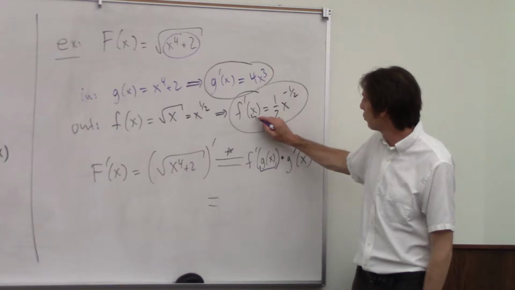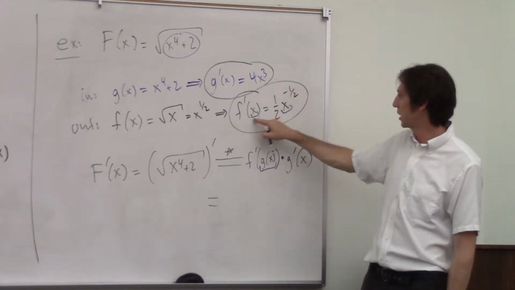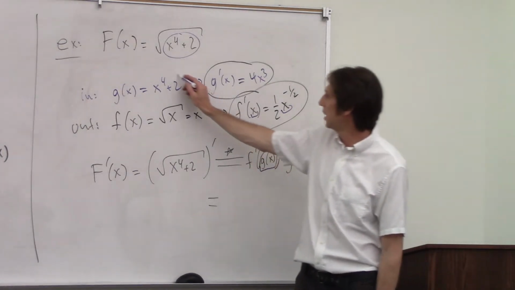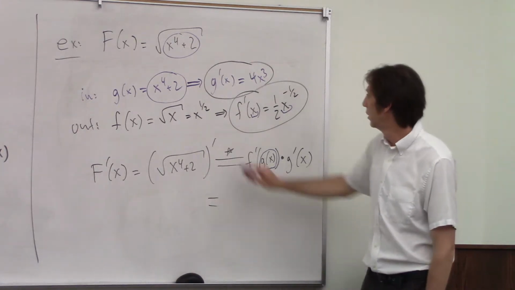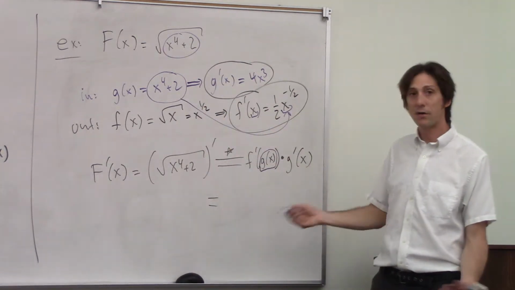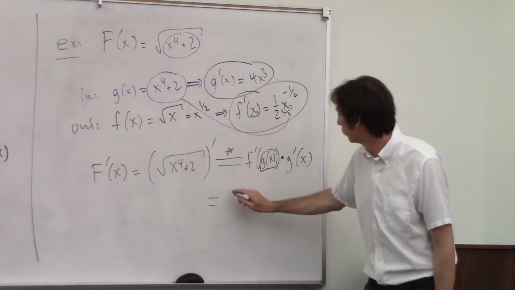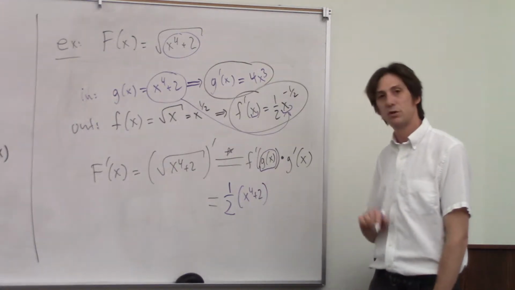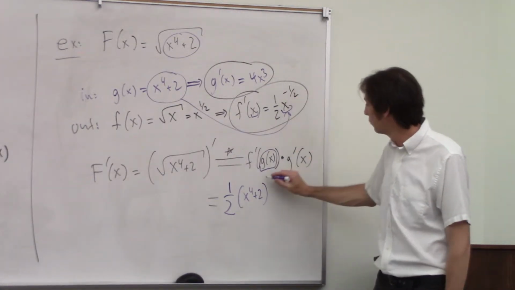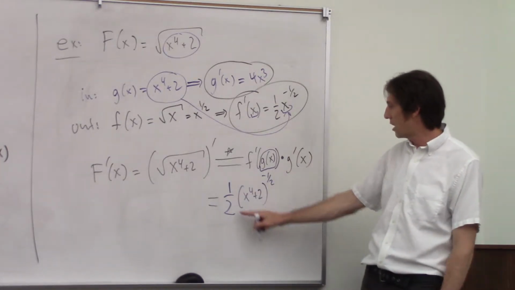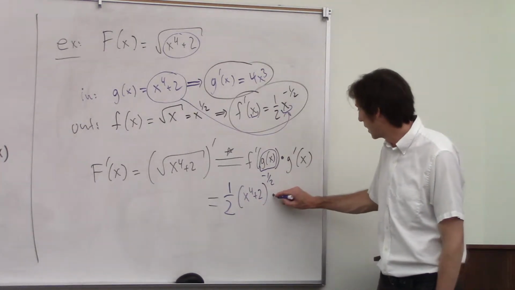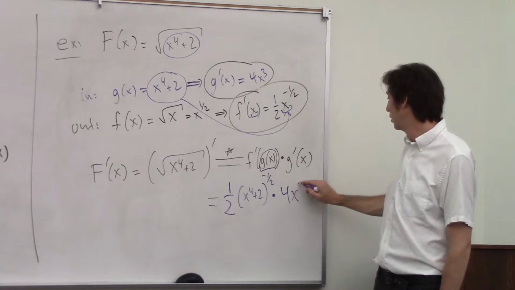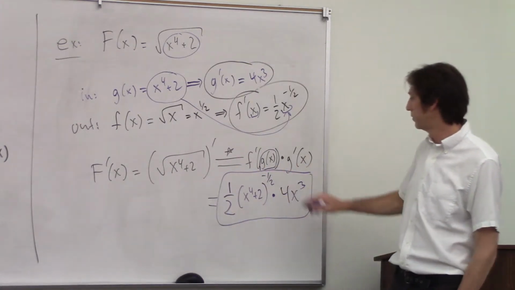My formula for f prime right now has me plugging in x, but I need it to be the original inside function, g of x. So I should take x to the 4 plus 2 and plug that into the derivative of f. It looks like this: 1/2 quantity x to the 4 plus 2, which is the original g function, raised to the negative 1/2 power. This is f prime of g of x. And then I have to multiply by g prime. G prime is just 4x cubed. There's our derivative.